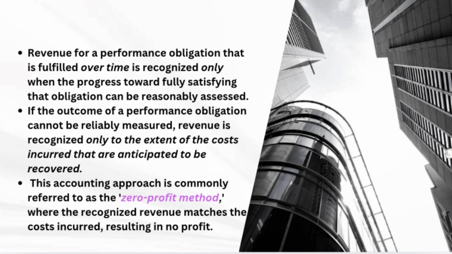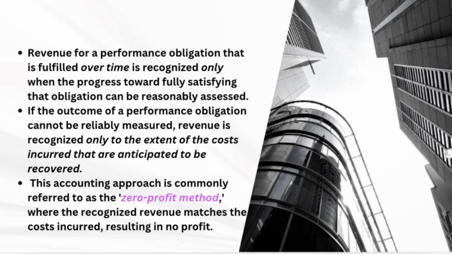If the outcome of a performance obligation cannot be reliably measured, revenue is recognized only to the extent of the costs incurred that are anticipated to be recovered. This means that the contractor can only report revenue equal to the costs they have spent so far that they expect to recover later.